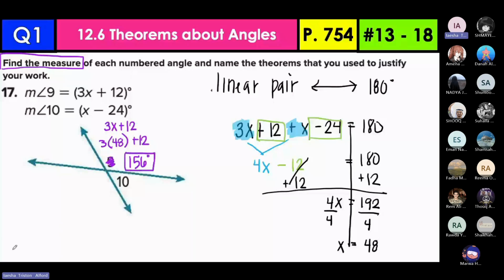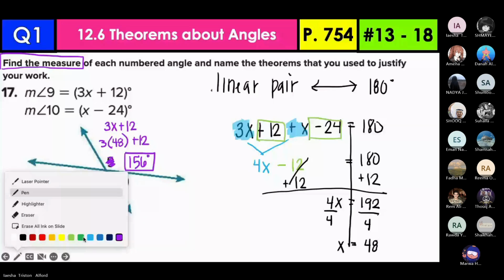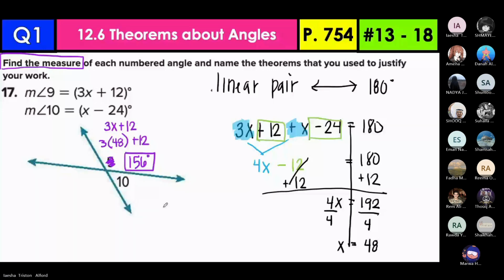How can you find angle 10? 48 minus 24. What's another way you could get it? 9 and 10 have a name: supplementary.